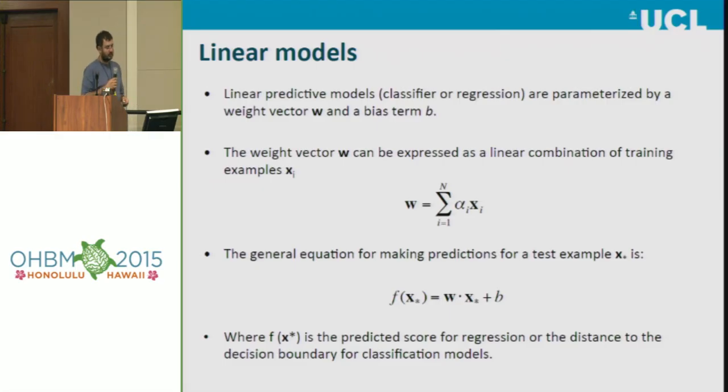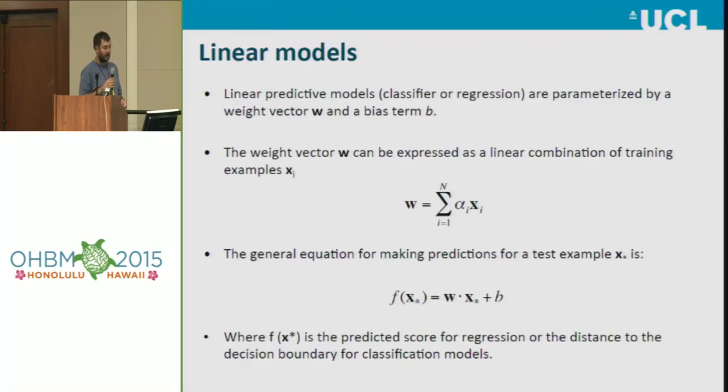As I was saying, the linear models are parameterized by a weight vector W and a bias term B. Now we can write the weight vector as a linear combination of our training examples. Here we've written W as a linear sum of the training examples xi.